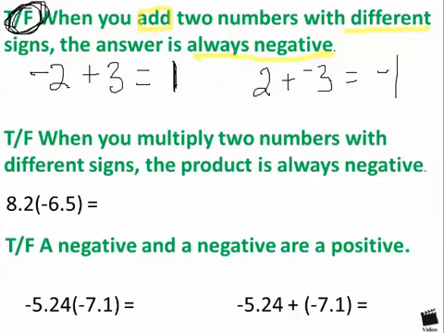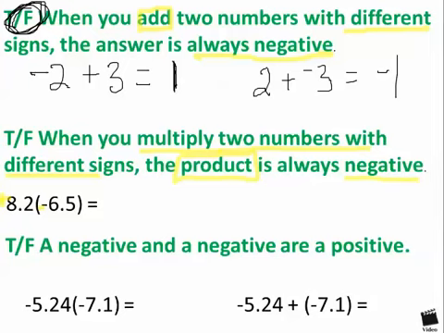The next one, true or false, when you multiply two numbers with different signs, the product is always negative. This time they're asking us about multiplication. When you multiply two numbers with different signs, again, that means one's going to have to be negative, the other one's going to have to be positive. The product, which is the answer to any multiplication problem, is always negative.